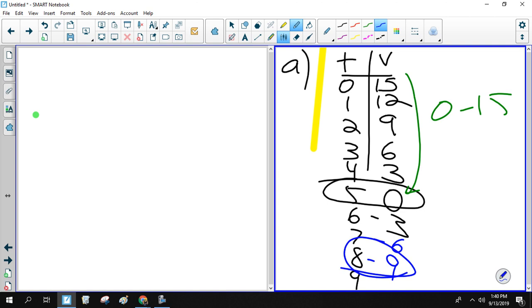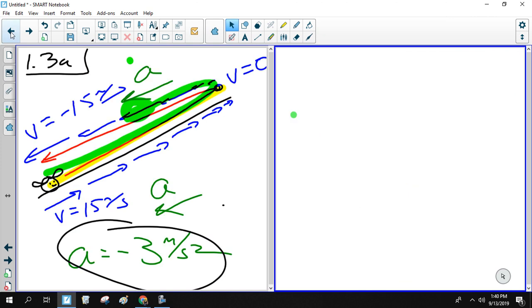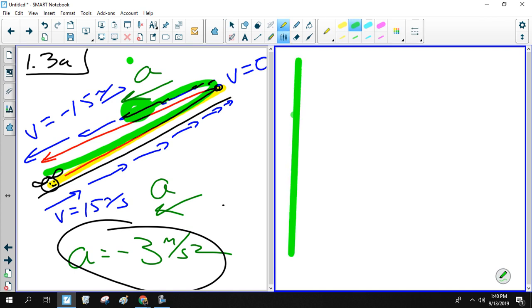Option 2 is to write out what we know. So for this green time interval, what do we know? Well, I know the initial velocity, right? What do you got?